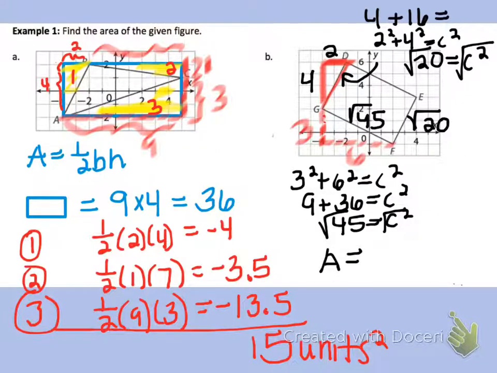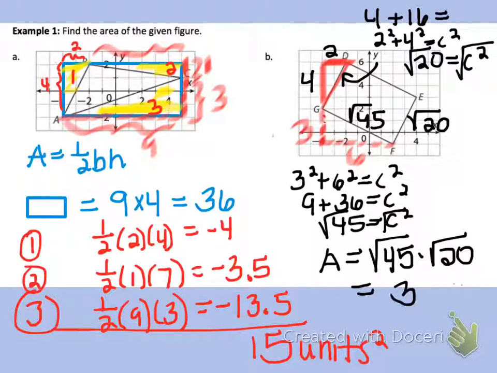If the base, or the length, is the square root of 45, and the height, or the width, is the square root of 20, when I multiply the square root of 20 times the square root of 45, I actually get a really nice number. I get 30. So that's 30 square units, and that's the area of that rectangle.